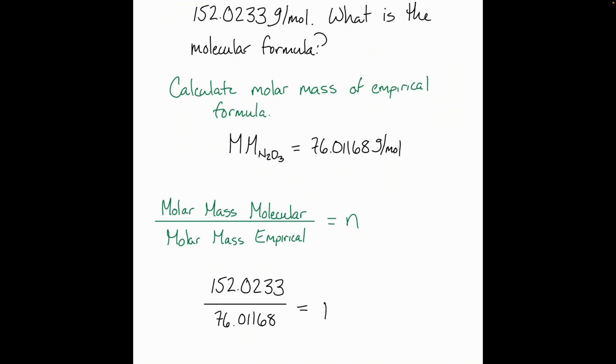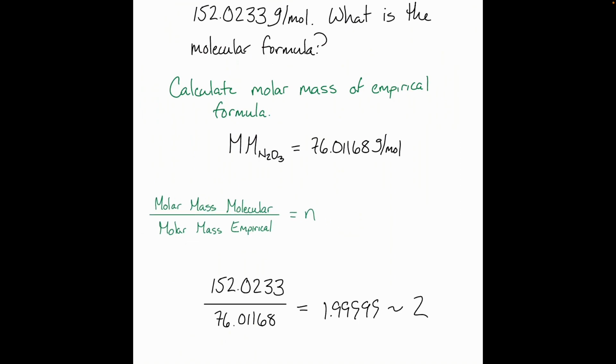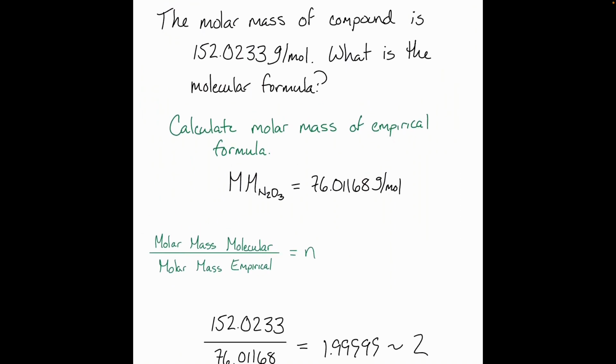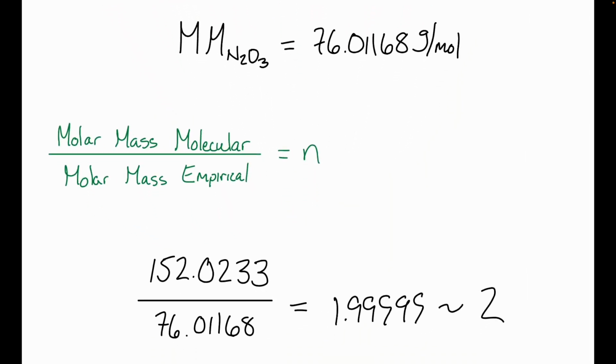And I get 1.99999, which is, of course, basically 2 here. All right, and so what this is telling me is in my molecule, I have 2 of those empirical formulas.